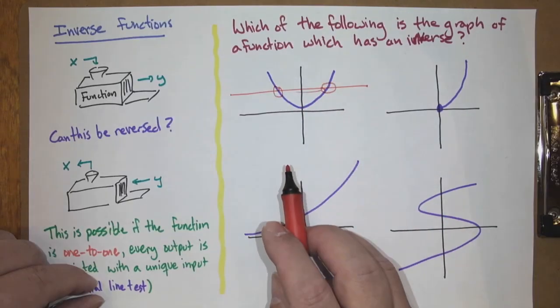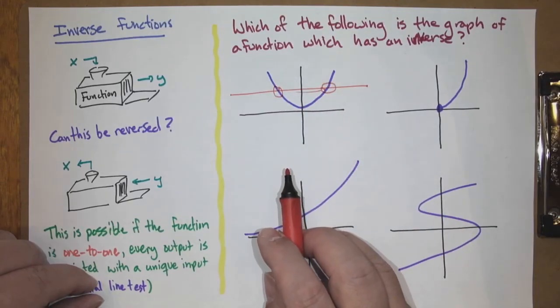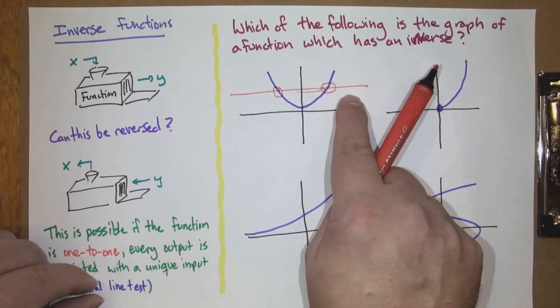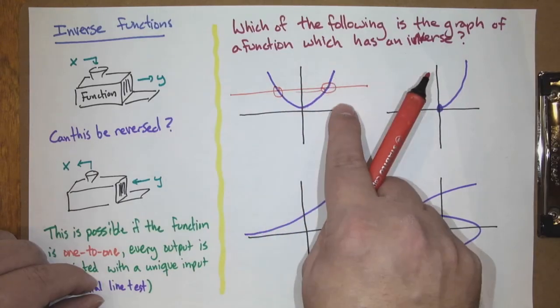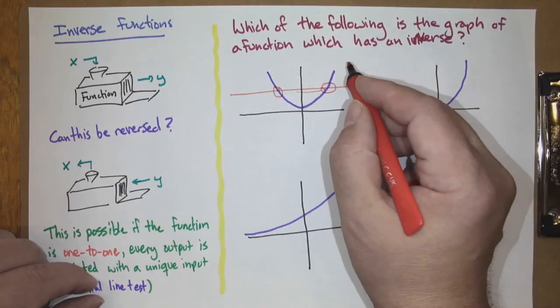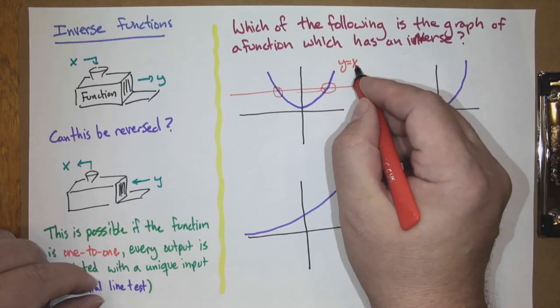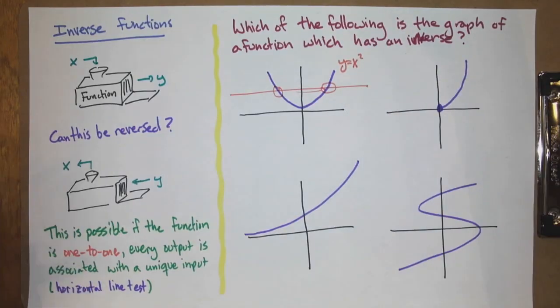Can we draw a horizontal line that hits it multiple times? Yes. So this does not have an inverse. This, by the way, was trying to look like x squared. So y equals x squared doesn't have an inverse if you just say y equals x squared.